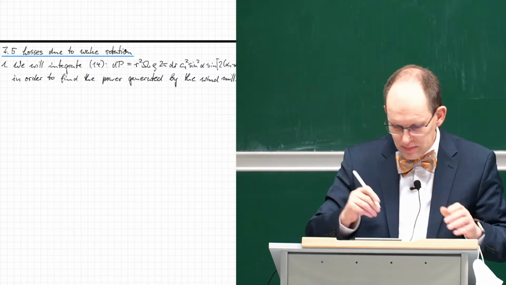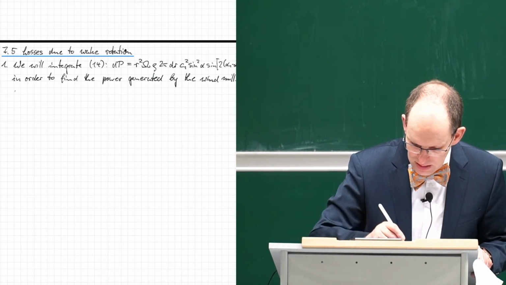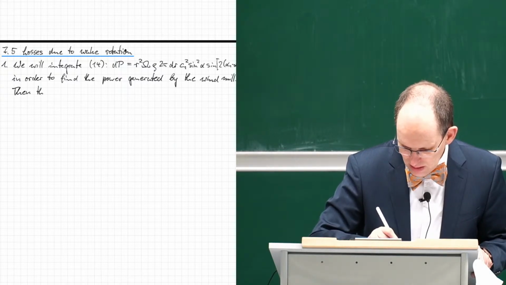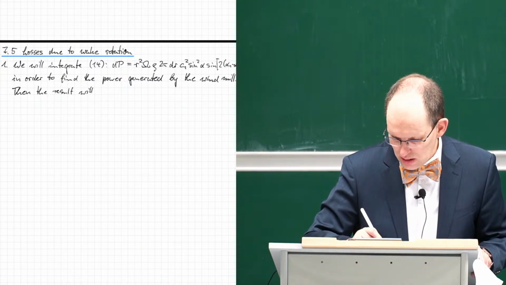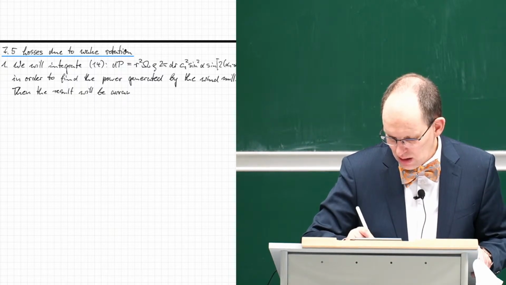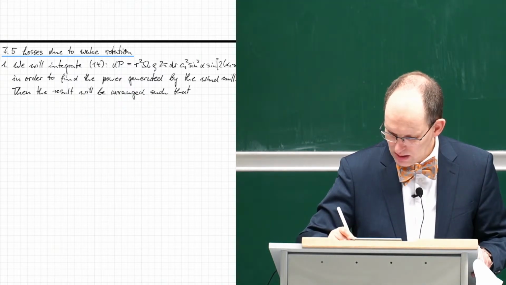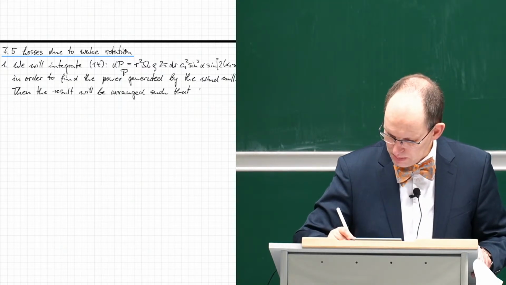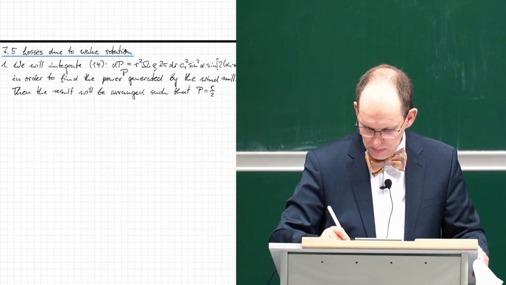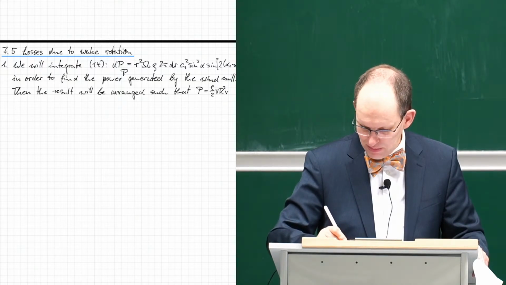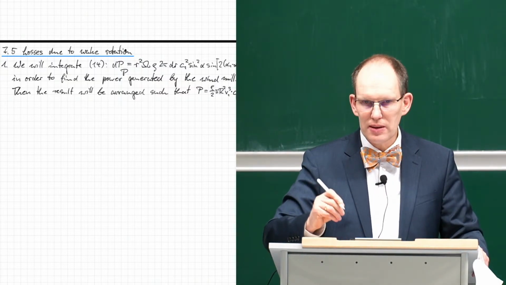The result will be arranged such that the power P equals rho over 2 times pi times r squared times v1 cubed times, well, a power coefficient.